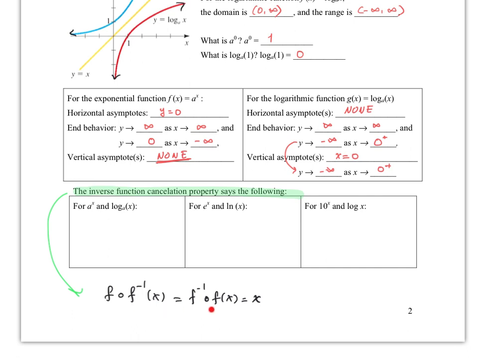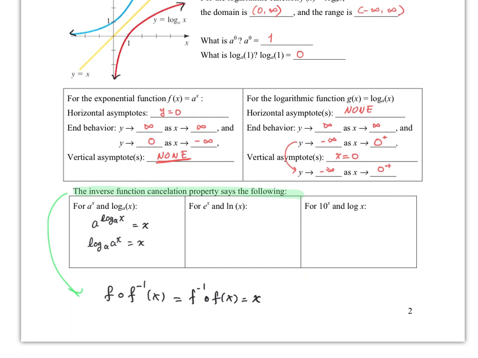Remember that what this means is the following: if you do a to the power log a of x, which is technically this, the answer is going to be x. Or if you do log a of a to the x, it is also going to be x, which will be this part.